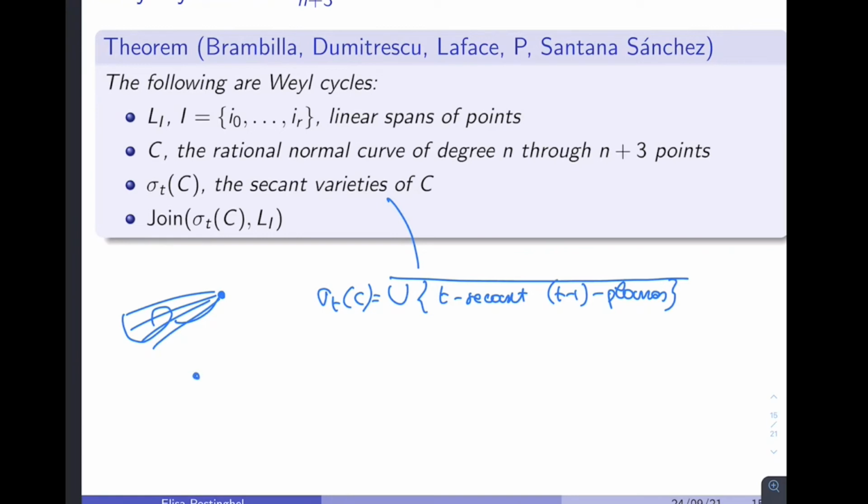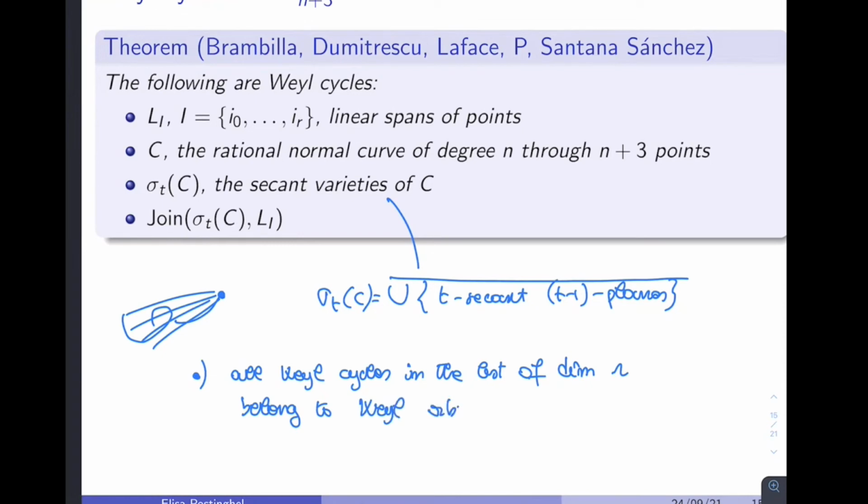And another observation is that all Weyl cycles in the list of dimension r, when I fix the dimension, all belong to the same Weyl orbit of an r-plane.